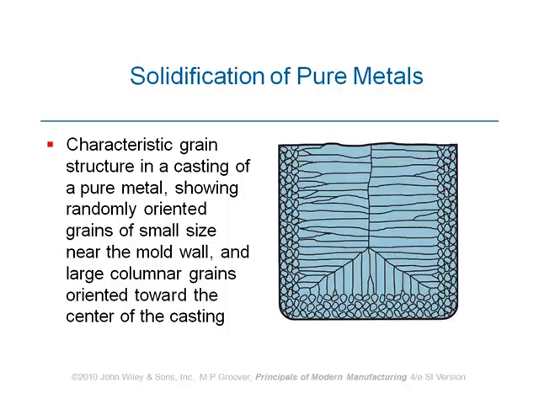It's the first point which lowers the temperature to below melting point. As a consequence, a skin is produced on the surface of the part, as I explained before. And as you see, very small tiny grains are produced on the surface. The reason is that they solidify instantly.